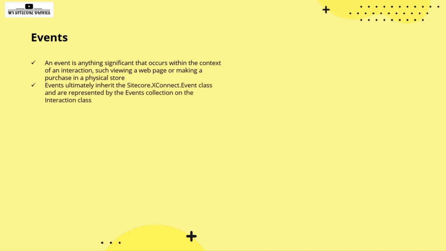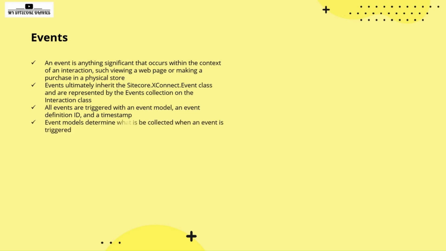Events ultimately inherit the sitecore.xconnect.event class and are represented by the event collection on the interaction class. All events are triggered with an event model, an event definition ID, and a timestamp. So event models determine what is collected when an event is triggered.